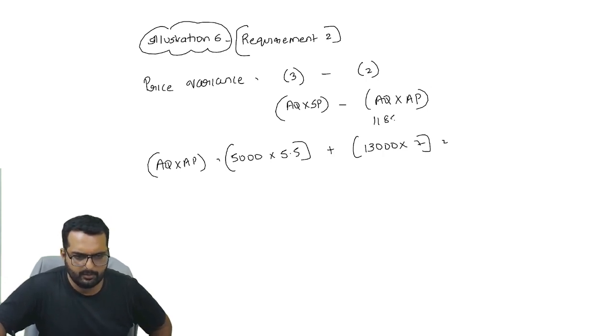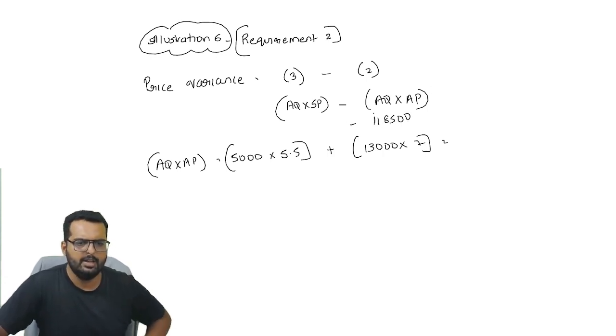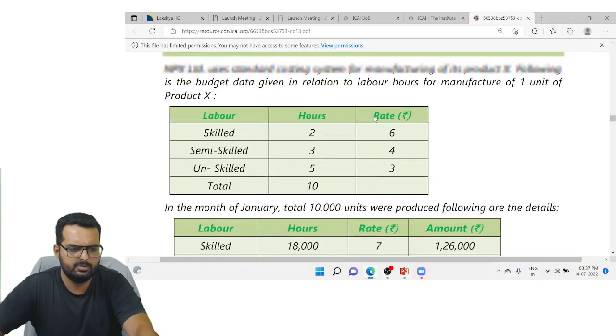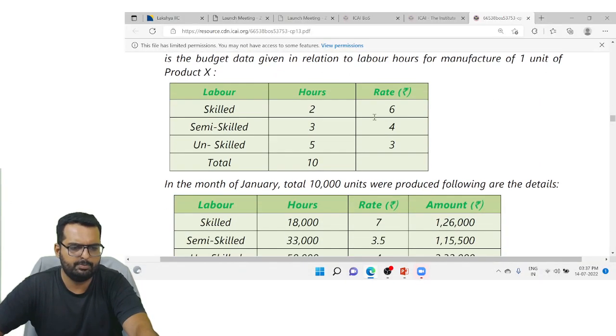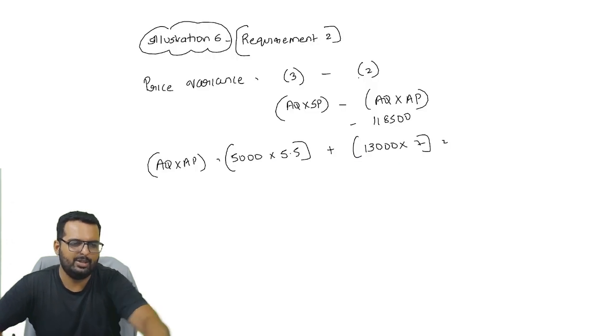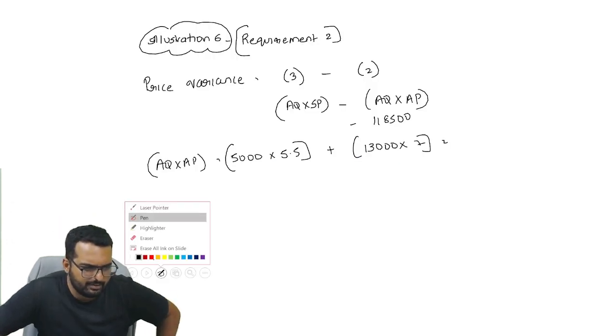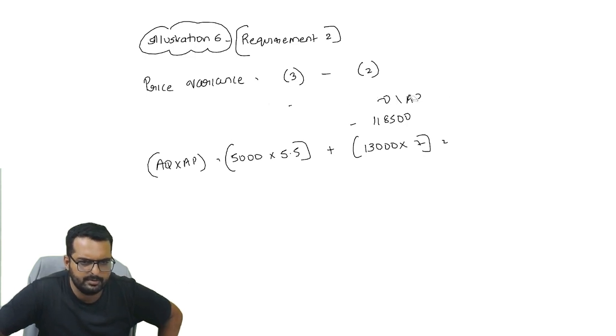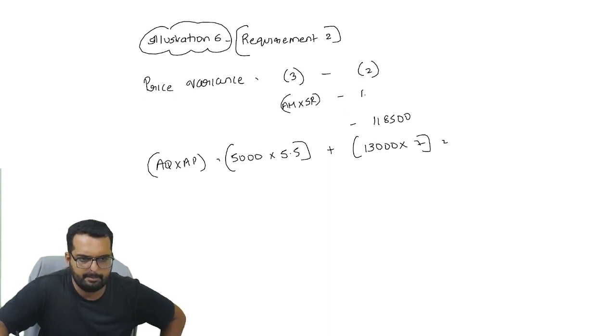So this one will be 1,18,500 minus AQ into SP will be how much? AQ into SP. So the actual quantity is 18,000 hours. It's not AQ, it's AH into SR. Sorry friends, I have put the material variance formula. So it will be AH into SR minus AH into AR.